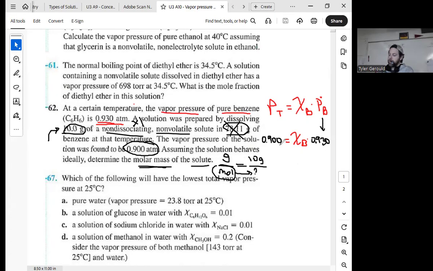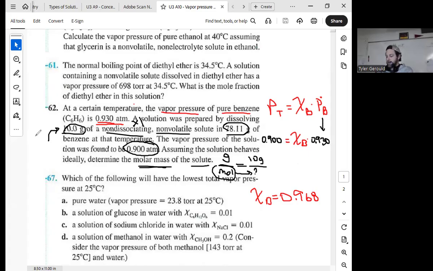So the mole fraction is 0.968 rounded. But that doesn't tell us moles, that just tells us the mole fraction of benzene, but we do know 78.11 grams of that is benzene, C6H6.